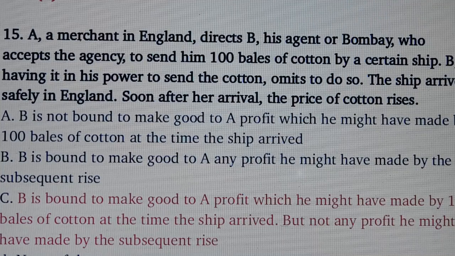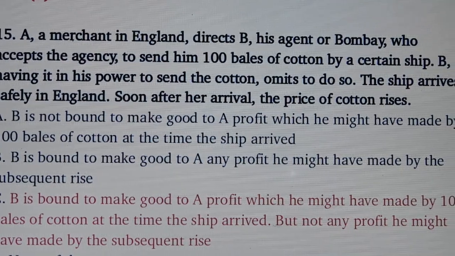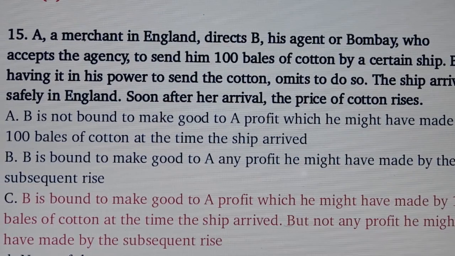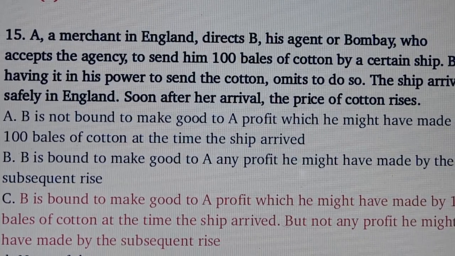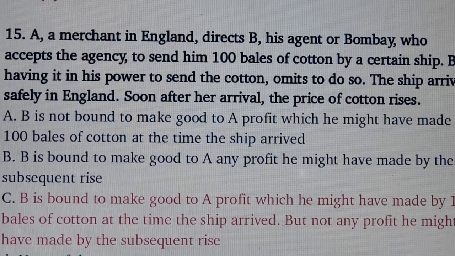Soon after her arrival, the price of cotton rises. Answer is option number C. B is bound to make good to A the profit which he might have made by 100 bales of cotton at the time the ship arrived, but not any profit he might have made by the subsequent rise.